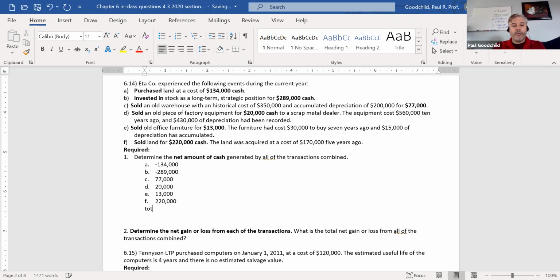And that gives us a total of minus 93,000, or cash outflow. All right, so that's our first part.